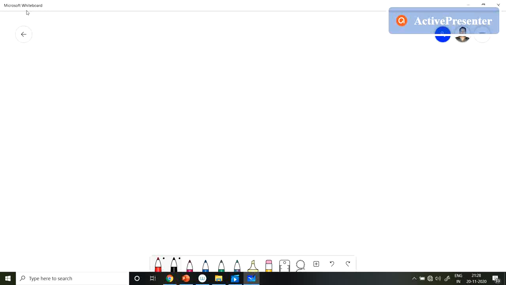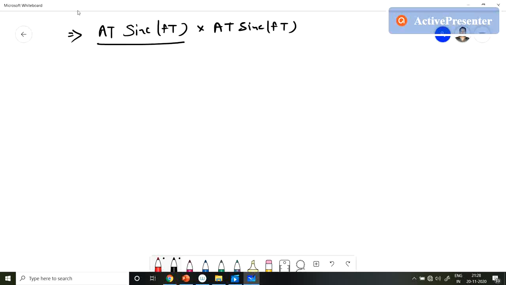Now according to the question, we have multiplication of AT sinc(fT), because convolution in the time domain is equal to multiplication in the frequency domain. So we get the multiplication of AT sinc(fT) with AT sinc(fT). Finally we get A squared T squared sinc squared(fT).